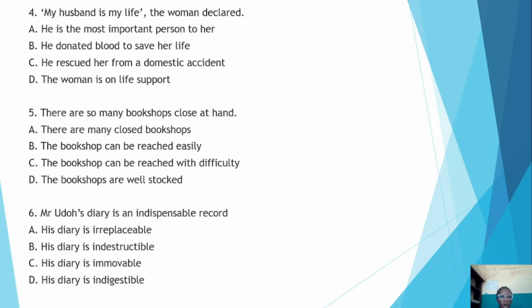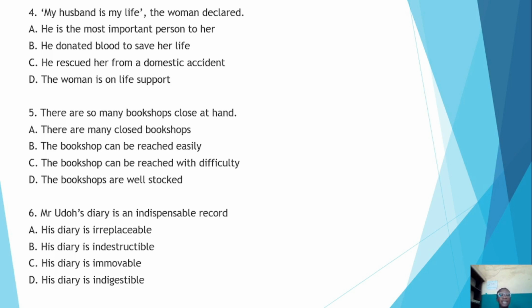Option B is the correct answer. For something to be close at hand, that means it is within your reach. It can be reached easily. Option C says the bookshop can be reached with difficulty. No. Option D, the bookshops are well stocked. We weren't given that information. The correct option is option B. To be close at hand simply means that it can be reached easily.